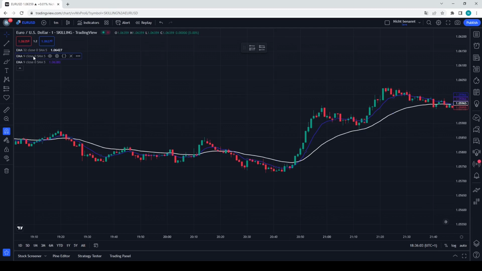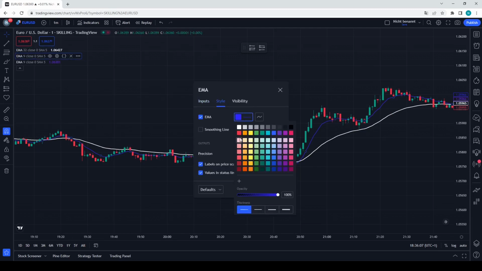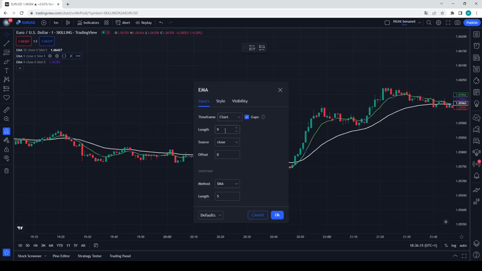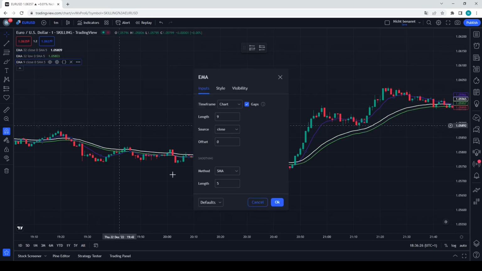For the second EMA, we do the same, but this time we make this in green, the same thickness. On the inputs we are going to 32 as well, and the source will be low. Click on OK, and we do the same with the third indicator.